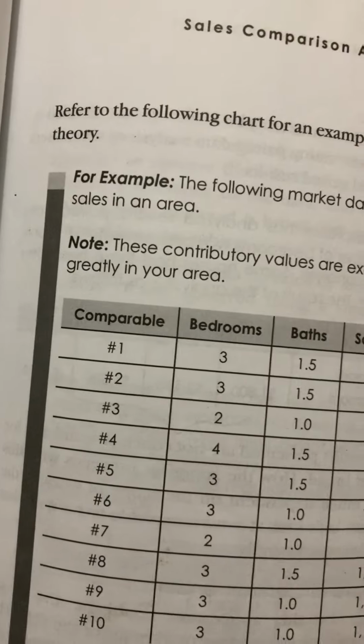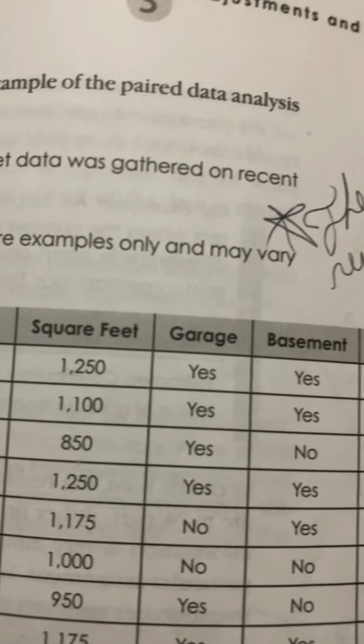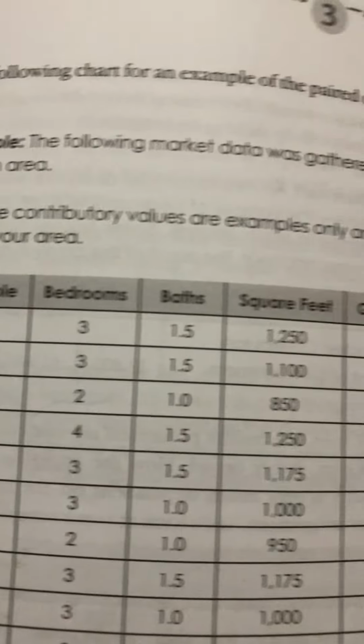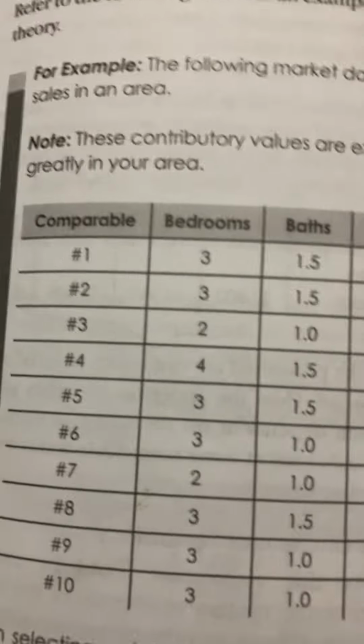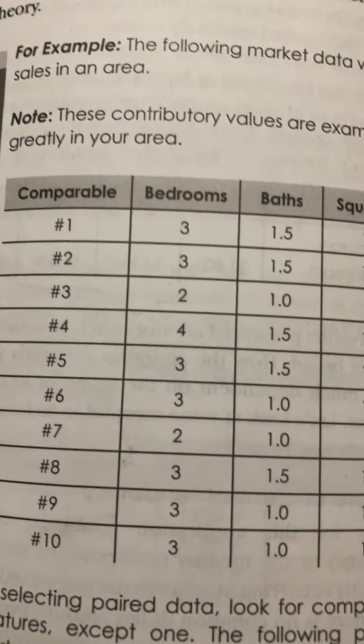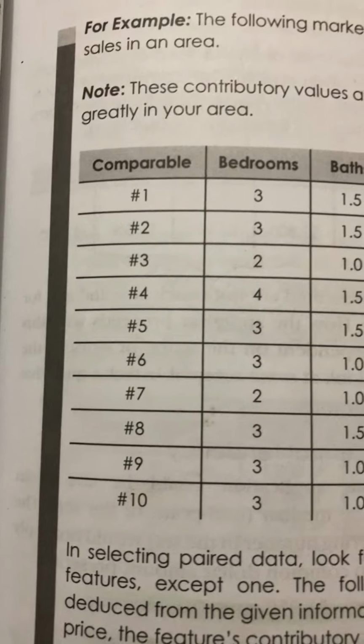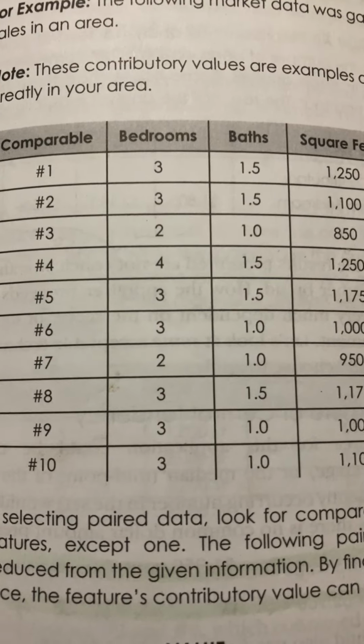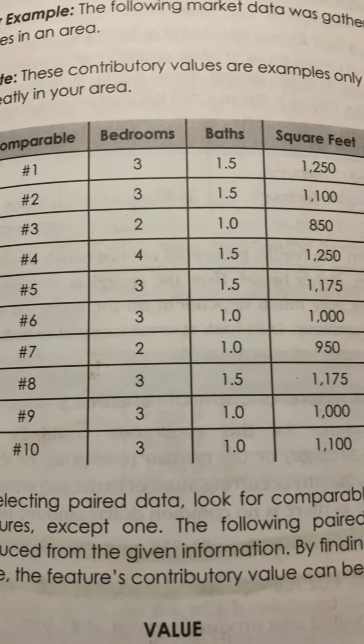Page 71. Refer to the following chart for an example of the paired data analysis theory. For example, the following market data was gathered on recent sales in an area. Note, these contributory values are examples only and may vary greatly in your area. Shows comps 1 through 10. Shows the different bedroom numbers.